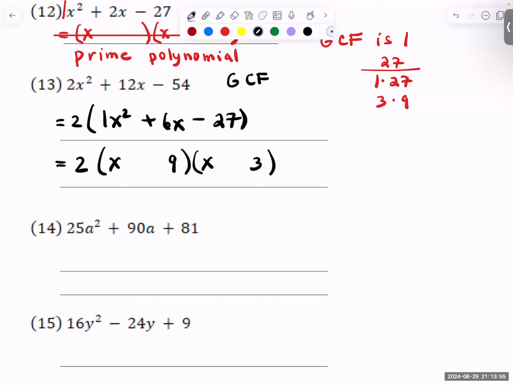And for plus 6x as a middle term, we need a plus with the 9 and minus with the 3, because when you FOIL, if your outer product is 3 times x and your inner product is 9 times x, and we must obtain plus 6x as the middle term, we need plus 9x, so plus with 9, subtract 3, so minus with 3, and now both binomials are prime. Their greatest common factor is 1. So we factored completely. We also get minus 27 when we multiply.